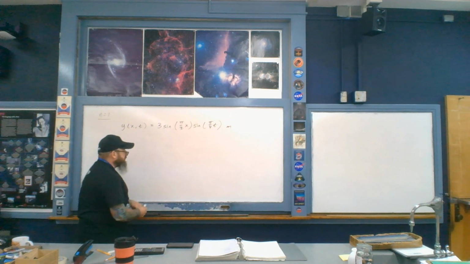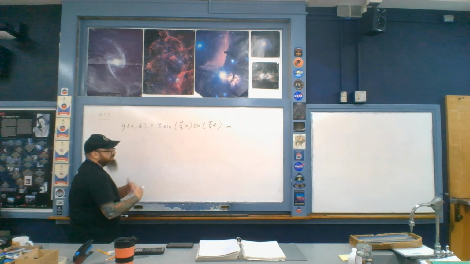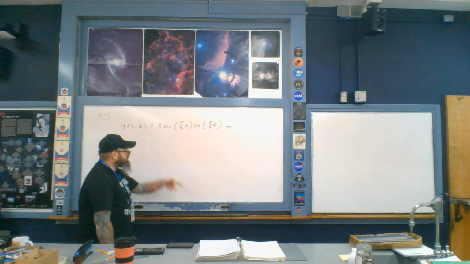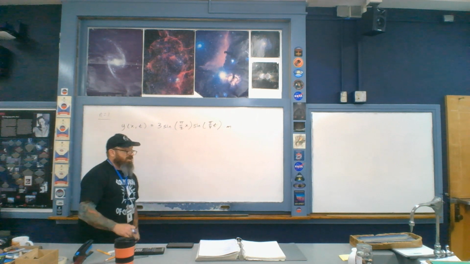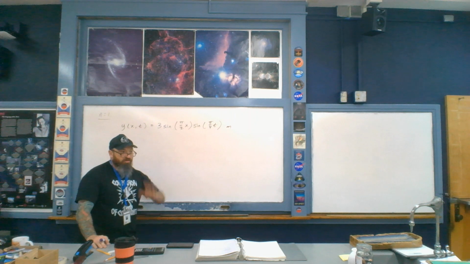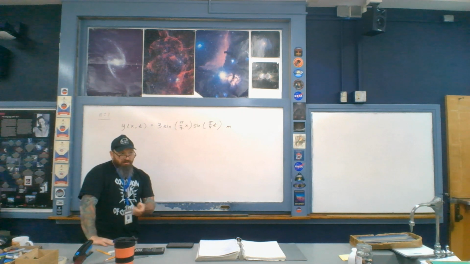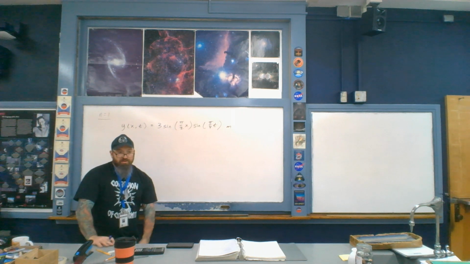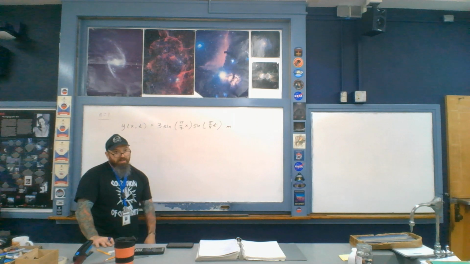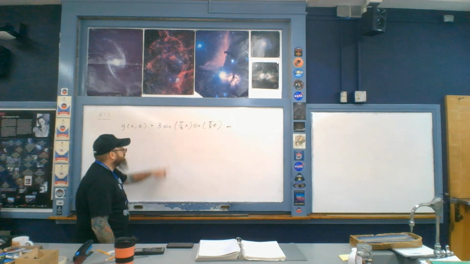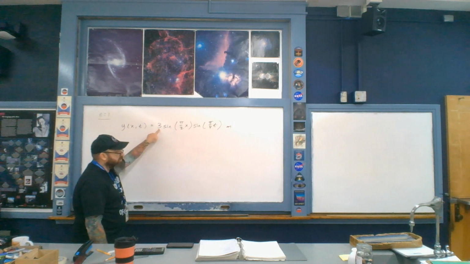Okay, so first of all, let's identify things. The amplitude of the standing wave itself, what you would actually see is 3 meters. The amplitude of the individual waves that I transmit down and the ones that reflect back would be half of that value. They would be 1.5 meters apiece. But you don't actually see those waves, of course, when you see the standing wave interference pattern. You just see the standing wave itself, and its amplitude is equal to 3 meters.